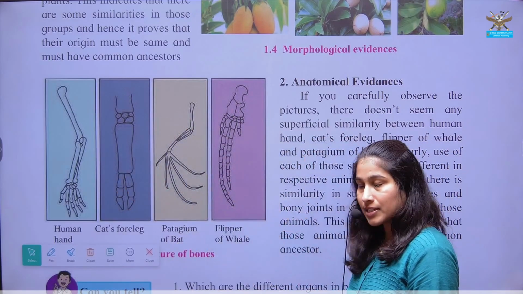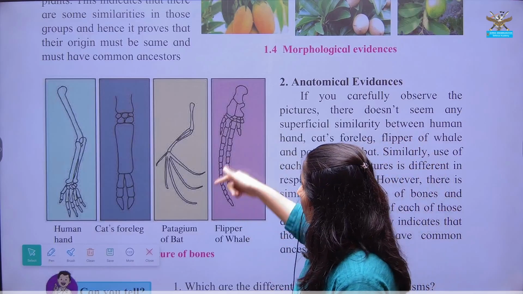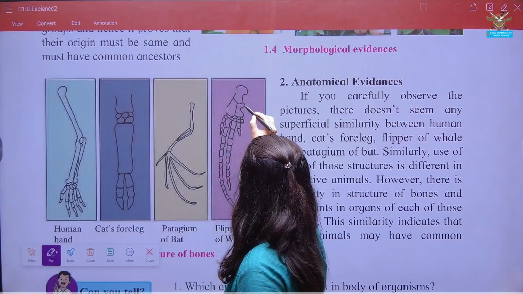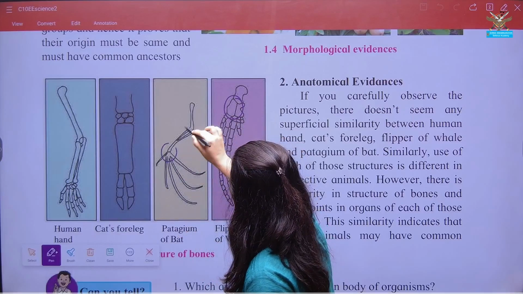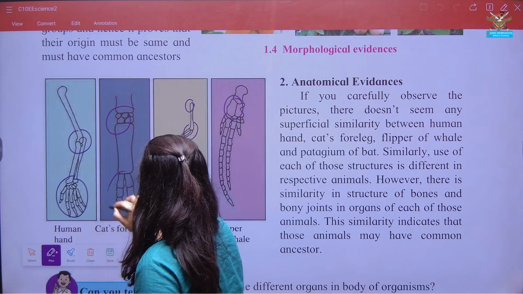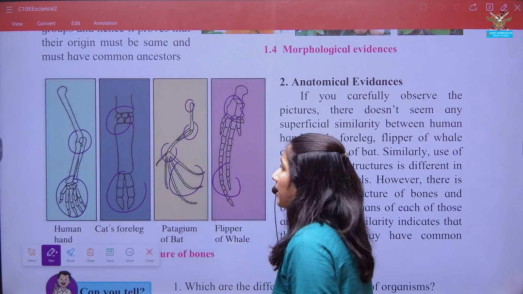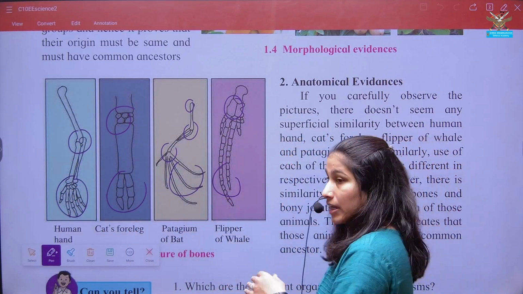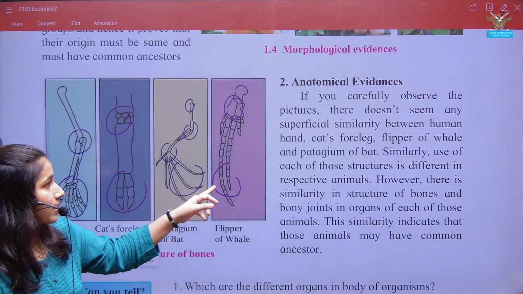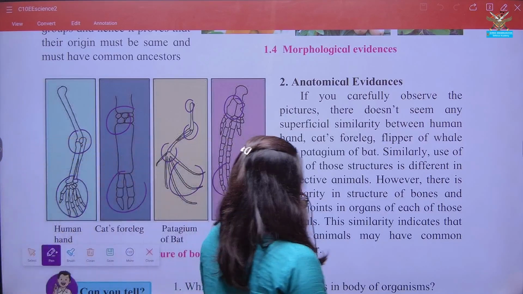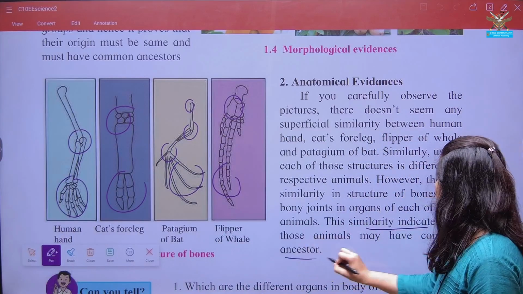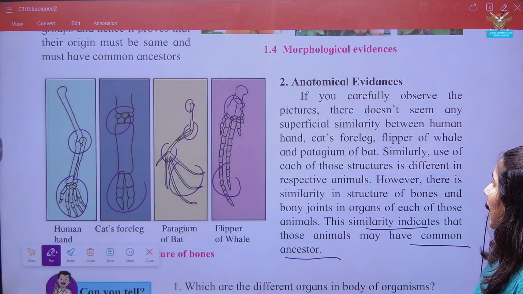Everyone's function is different, but when you see internally, the presence of these joints is common in all of them. Similarly, the presence of digits and joints, the internal bone structure, showed similarities. So these similarities again indicate that they have a common ancestor.